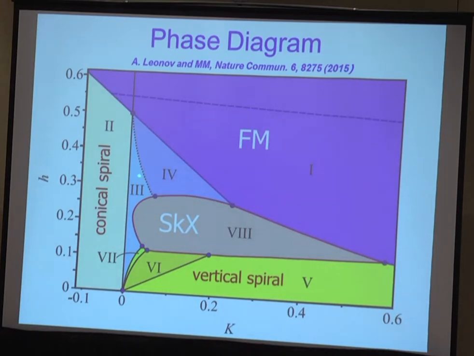There are also these so-called 2Q states, which actually are 3Q states, 2Q with one sinusoidal modulation. And there is a state where the spiral plane changes. But importantly, in a large part of this diagram, you see a stable Skyrmion crystal.